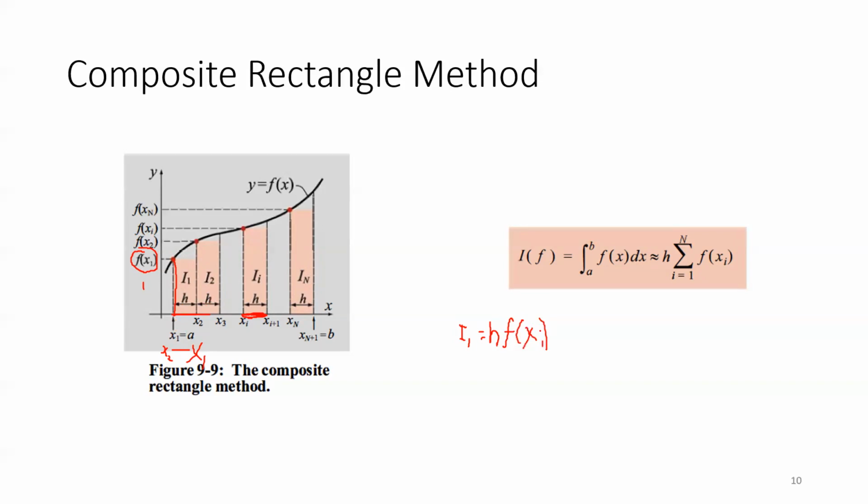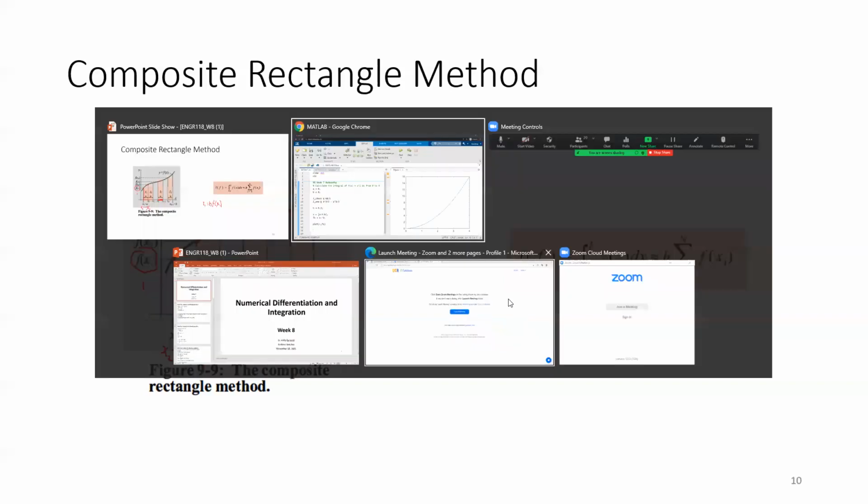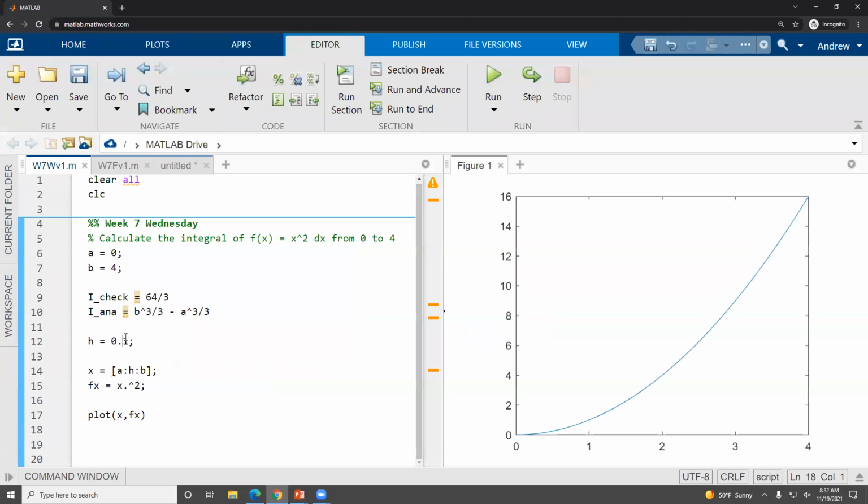So then we do that over and over and over again. And then, as you may presume, we could do vectors, we can do for loops. With the composite rectangle method, we're just going to be needing vectors, basically, right? So I'm going to say h, that's my thickness here. This is my thickness of the rectangle.